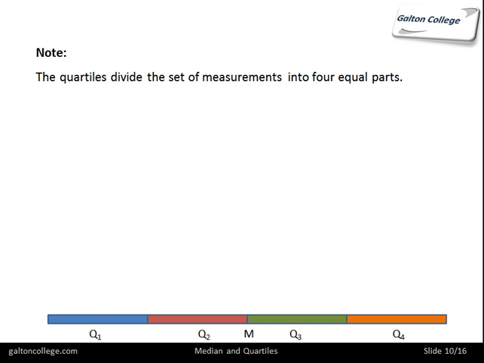Now, let's look at some notes about this. The quartiles divide the set of measurements into 4 equal parts.